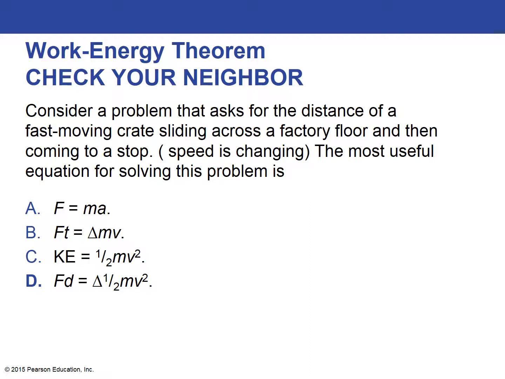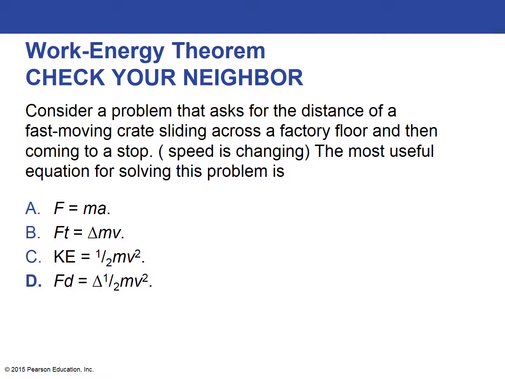If I were to apply 100 newtons of force, then the way I would solve this would be to use equation D, which basically allows me to say that 100 newtons times some distance d is equal to the kinetic energy, which I calculate from the velocity, or I am given in joules to begin with.